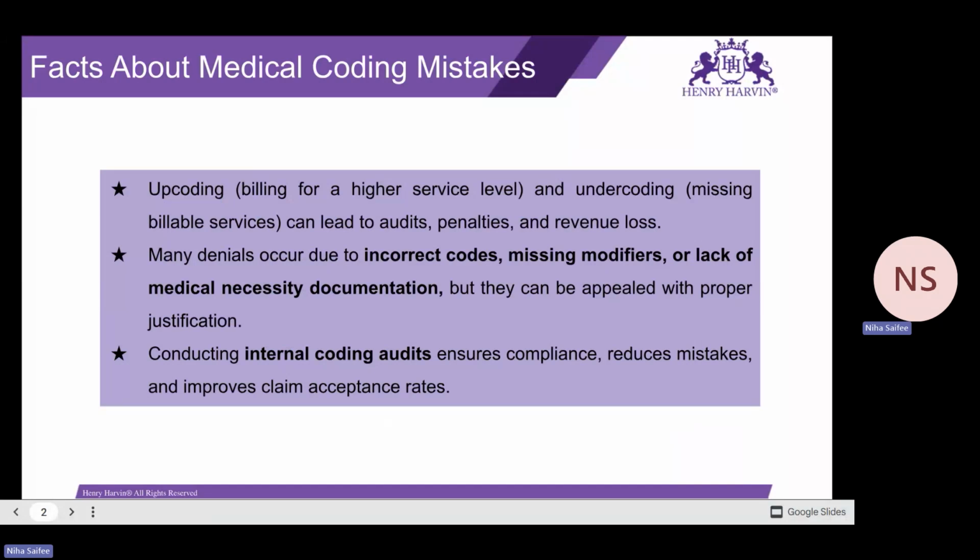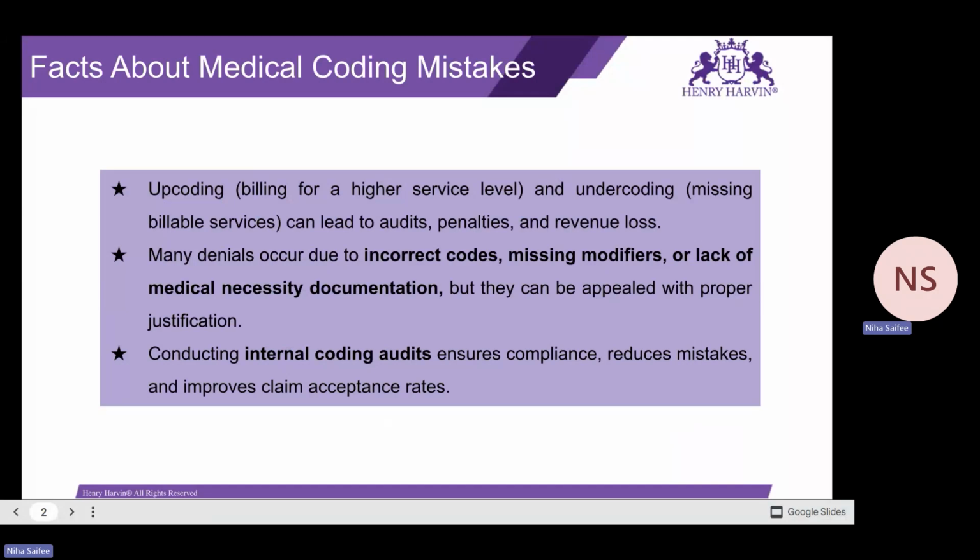If you are using too many codes, the money deducted from the patient's insurance is higher, so the patient is at a loss. If you are undercoding, using fewer codes, then the provider will get less money for his consultation. Either way, it is not ideal for the revenue cycle.